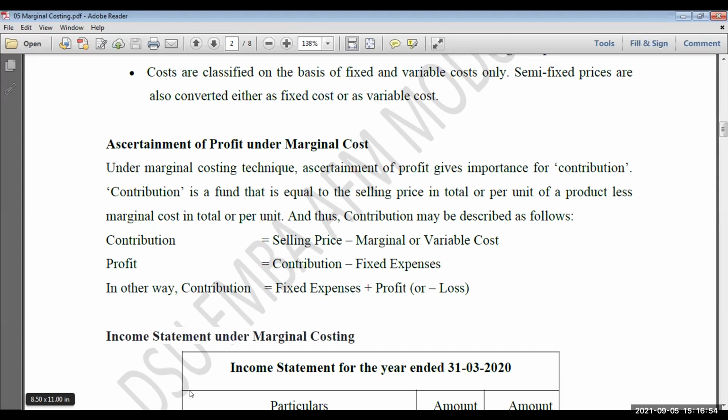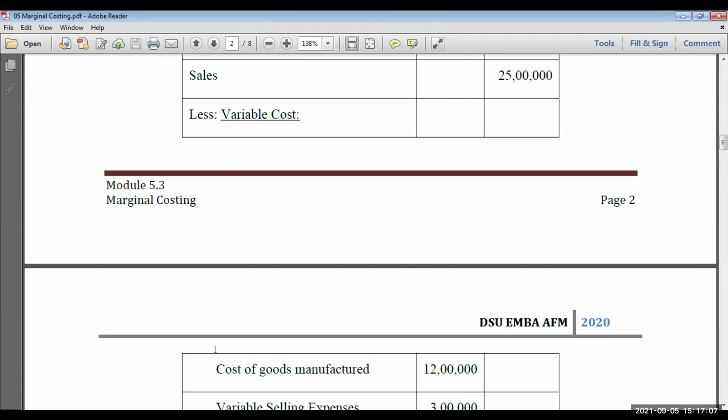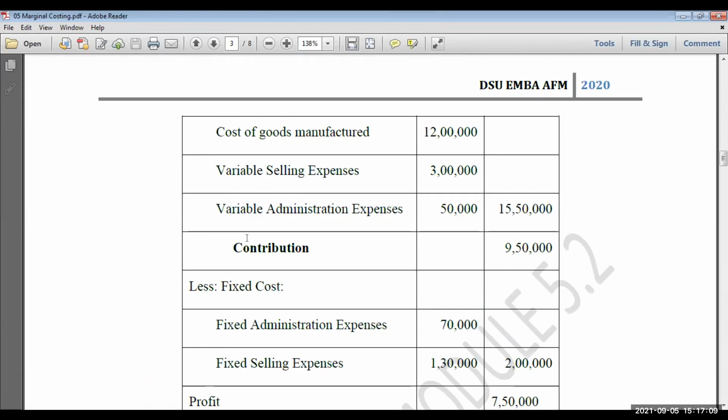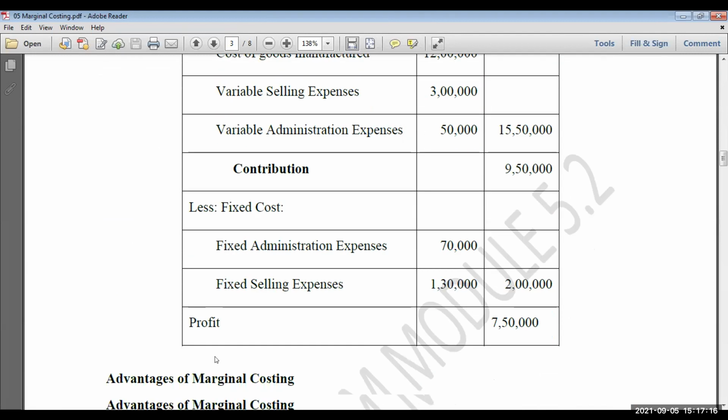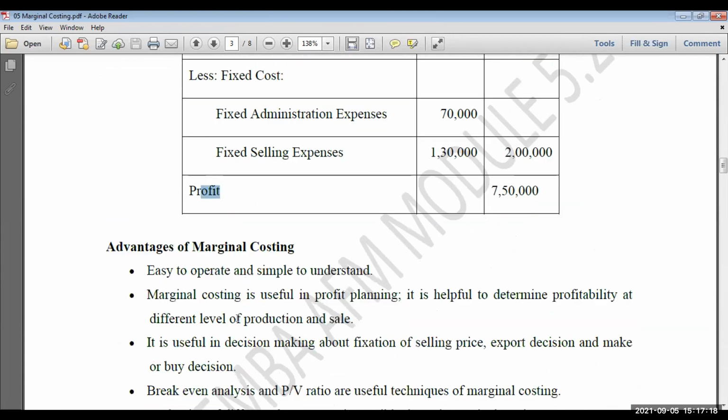Break-even point can be expressed in number of units and also in value, dollar or rupee or whatever it is. Sales minus variable cost is equal to contribution. Contribution minus fixed cost is equal to profit.